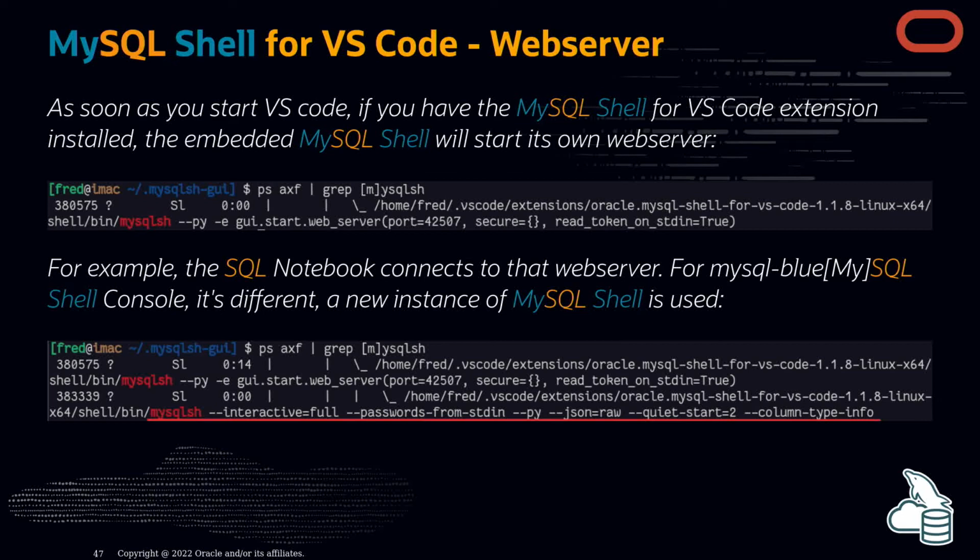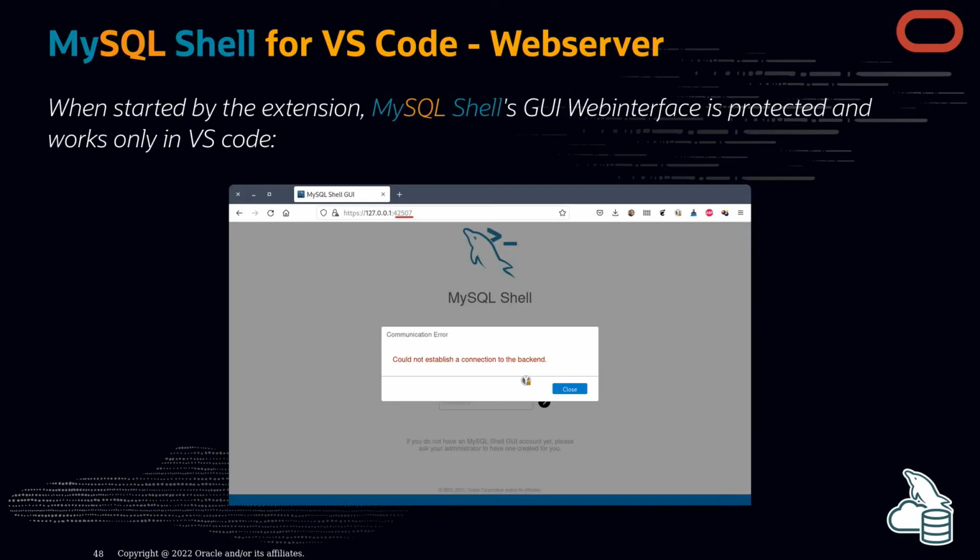Oh, here there is a typo. And for the console, every time you create a new console, a new shell instance is used. So there are multiple instances used every time you create a new console session, and they are a bit different.